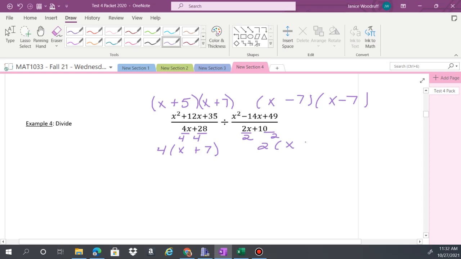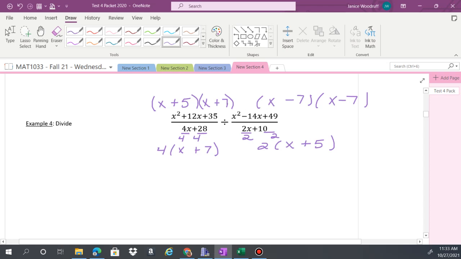And that would give us x, 10 divided by 2, 5. So if it was negative and positive, this middle would not be there, because negative 7 plus 7 is 0. So they're both going to be negative, making it negative 14 there.